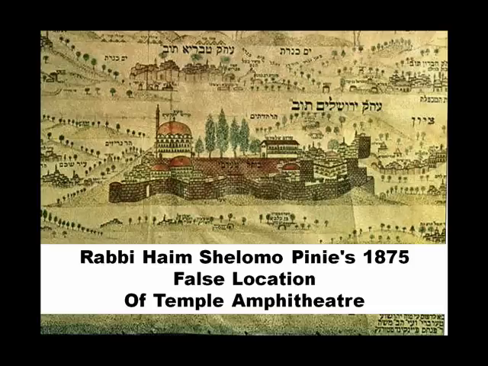Pinney's 1875 fraud. Therefore, Rabbi Pinney's depiction of a temple amphitheater in place of the Dome of the Rock in his 1875 artwork is a total fraud. Note again that the building on the right side of Pinney's Mount is the Al-Aqsa Mosque, and it's still there.